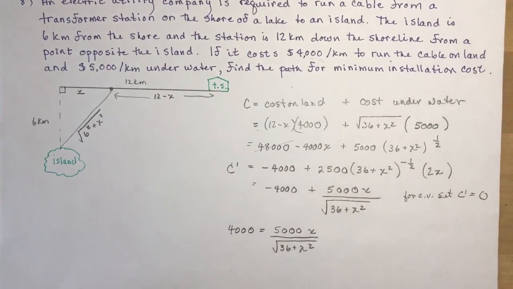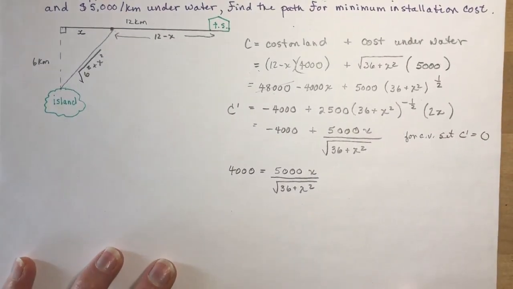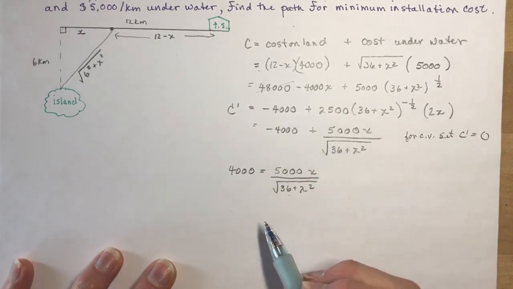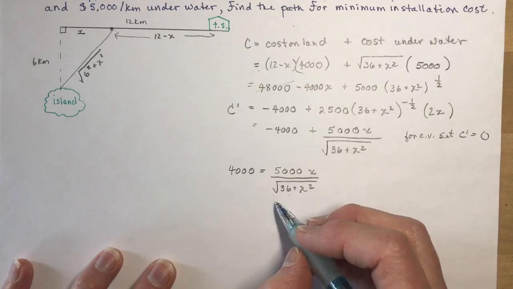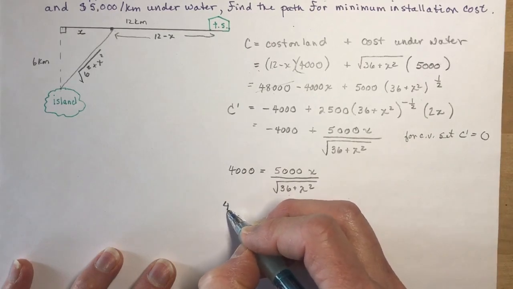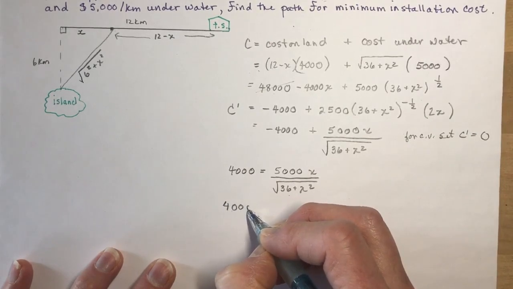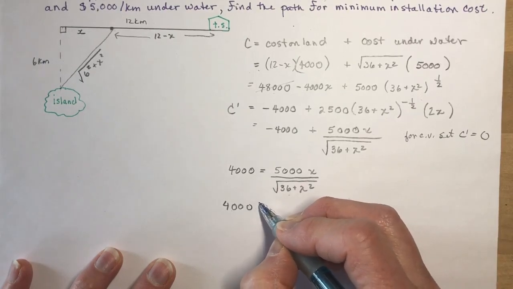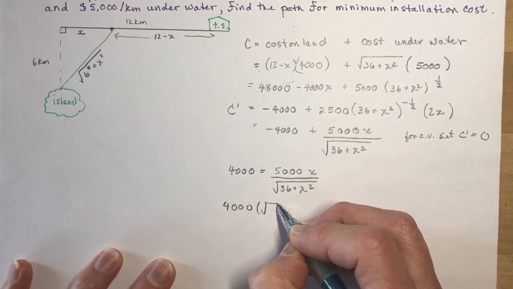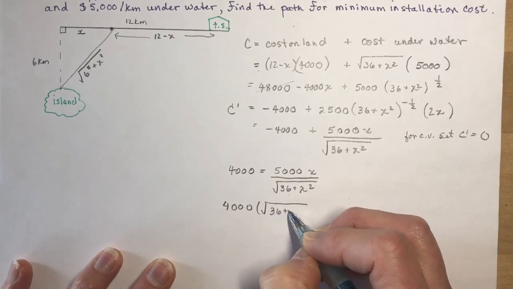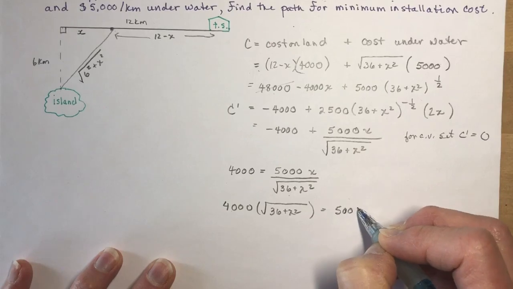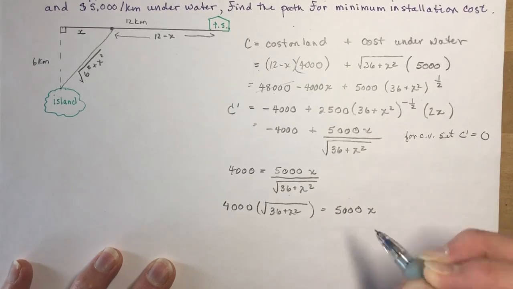Okay, so now I've got it down to this point here, and I still have to solve for x, so I'm going to cross multiply. So that's going to give me 4,000 times the square root of 36 plus x squared is equal to 5,000x.